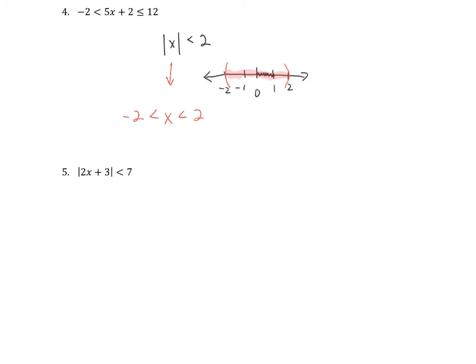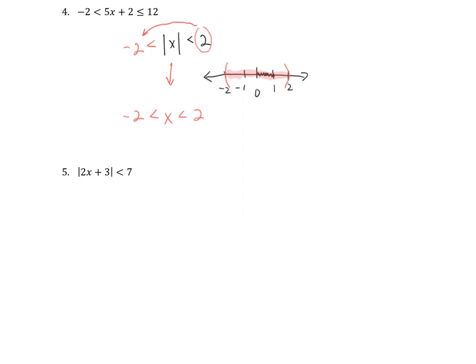You take the 2 and bring it over here, add another less than symbol, and make it negative. That's how you would set it up to solve when you have a less than. So when you have an absolute value and a less than, you can set it up as a 3-part inequality.